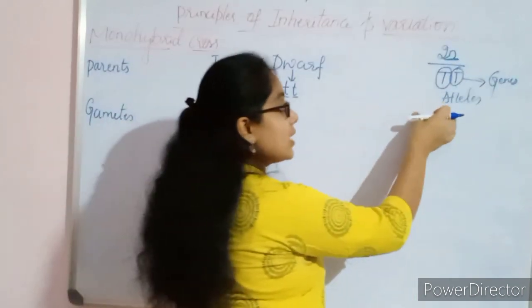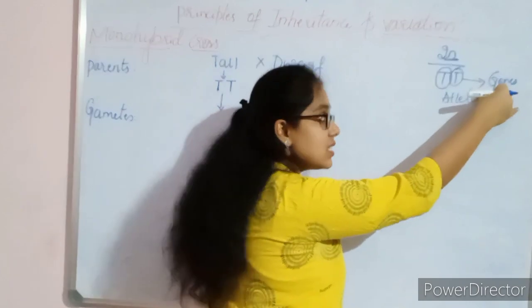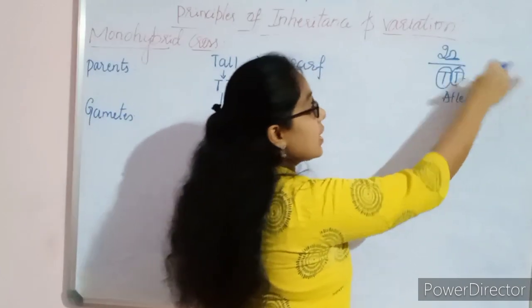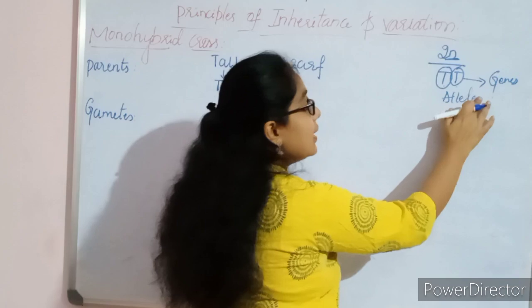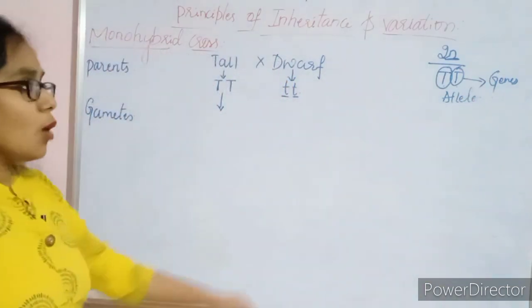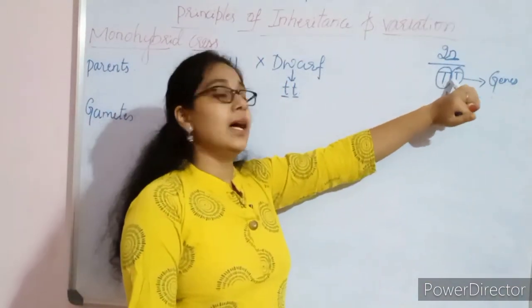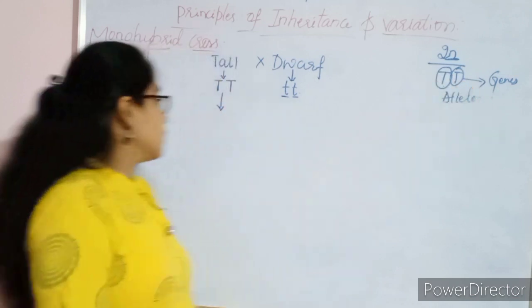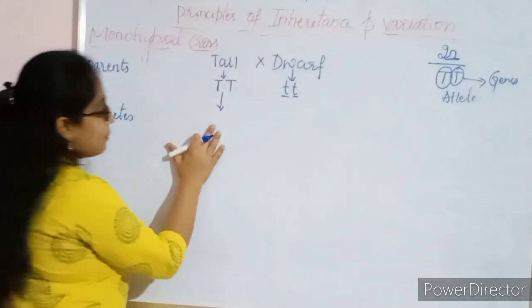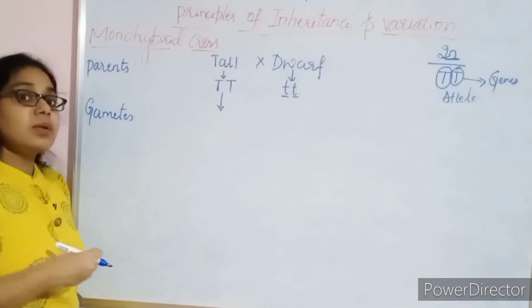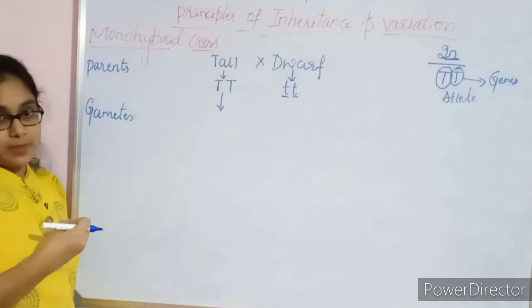So when the alleles are together, we call them genes. In the gene, the single unit is called an allele. So how many alleles do we have then? 2 alleles. Correct? So in the gametes, you know that the process of meiosis is going to take place.